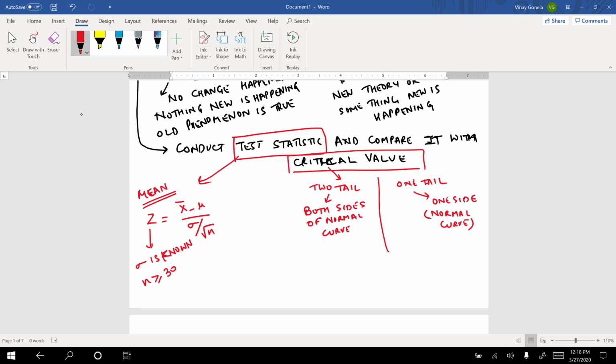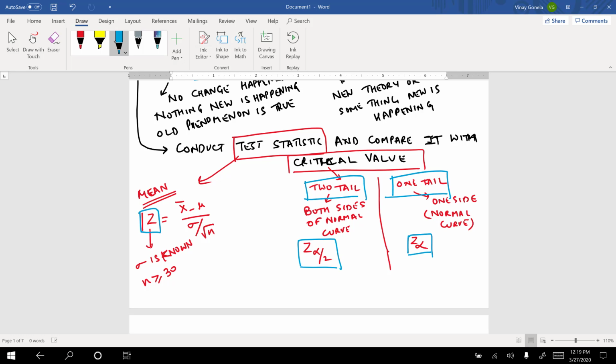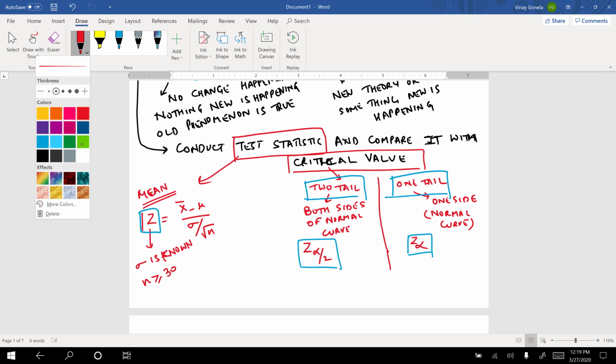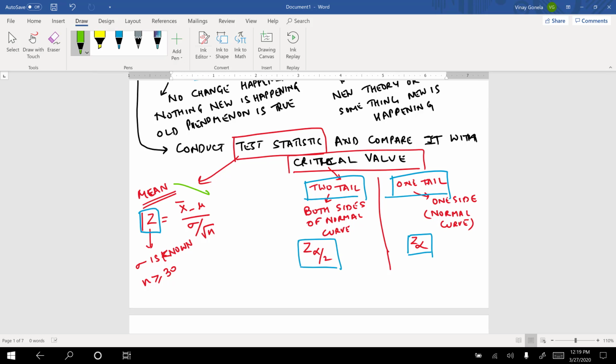So for z, if we are doing two sides, it's z alpha over 2. If we are doing one side, it is z alpha. So we take this z value and compare with z alpha over 2 if it is a two tail problem, or compare with z alpha if it is a one tail problem. For the mean, there is another stat which is t.